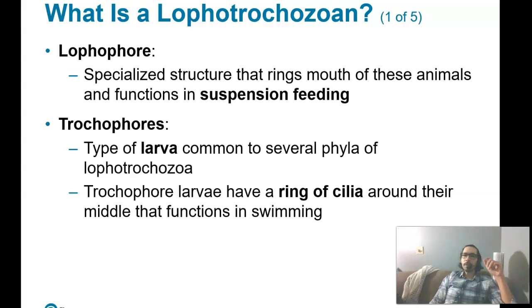It has rings that surround the mouth of the animals, and it mainly functions in suspension feeding. The trochophores are a type of larva, and the larvae have a ring of cilia around the middle, and this functions in swimming, okay, mainly. It can also function in feeding.